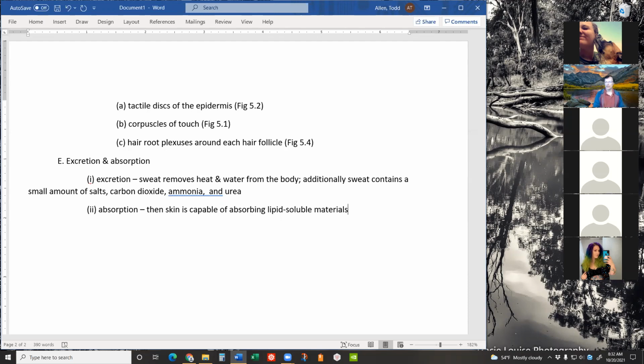And so that's why your skin creams are going to be lipid soluble. They're not water soluble, they're lipid soluble. So lipid soluble materials are going to be found in our skin creams. And a lot of times skin creams will have certain vitamins in. Vitamins that are lipid soluble would include vitamins A, D, E, and K.